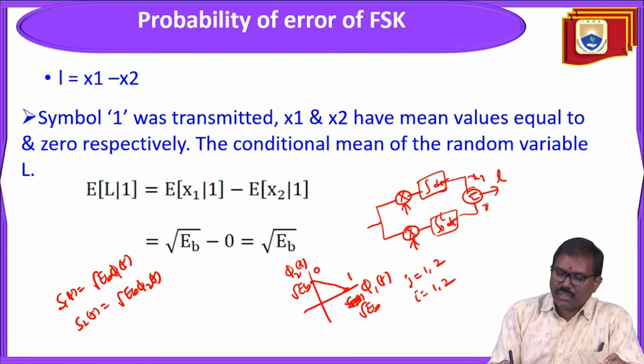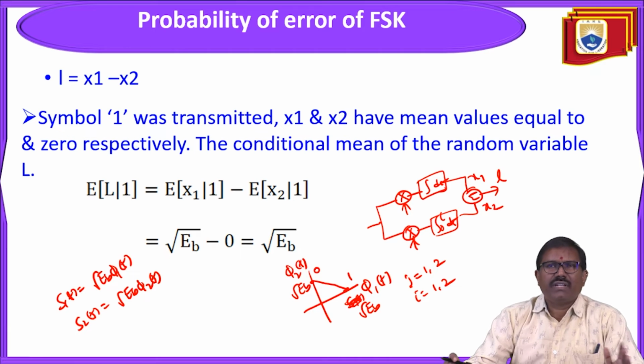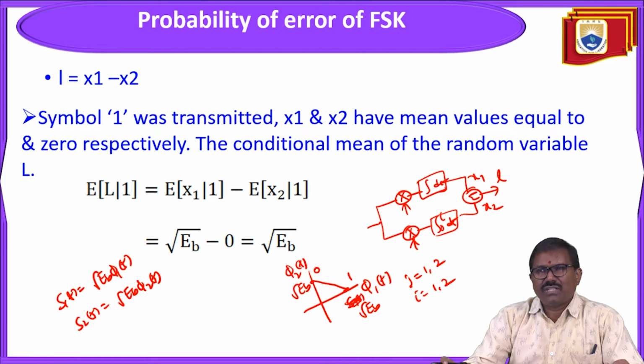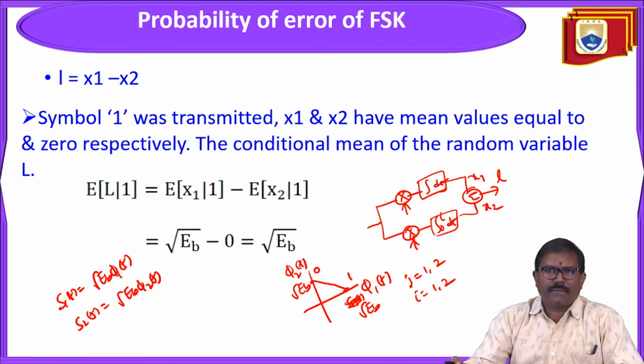So x1, x2 are the observation vectors, and the L value is equal to x1 minus x2. For understanding the probability of error, we must go to the receiver. Through the receiver diagram you can easily understand how this probability of error is going to be solved.